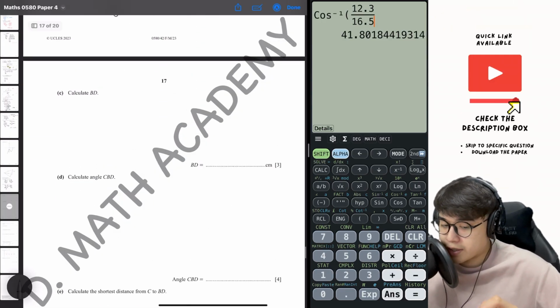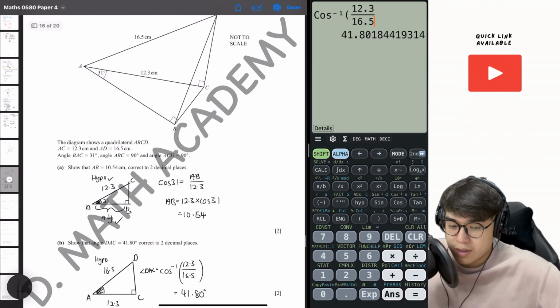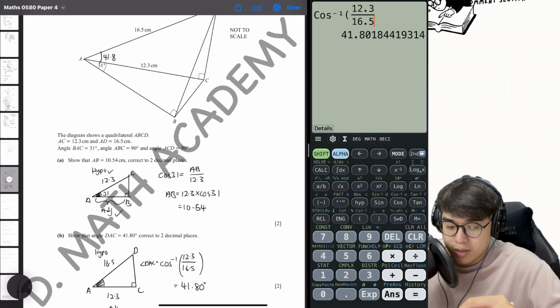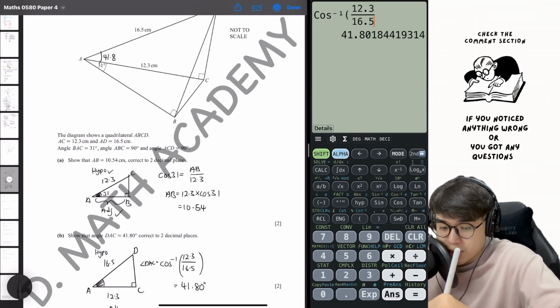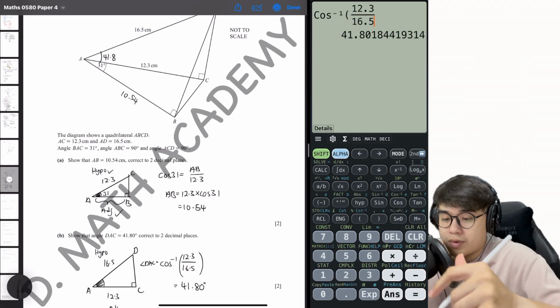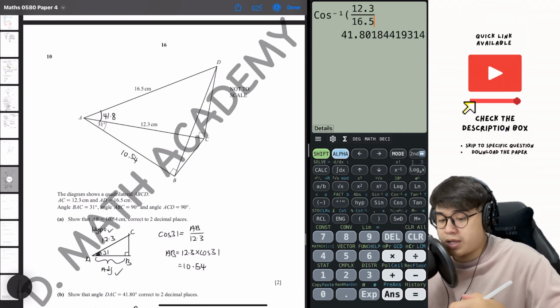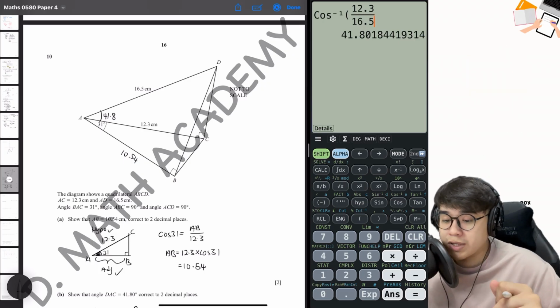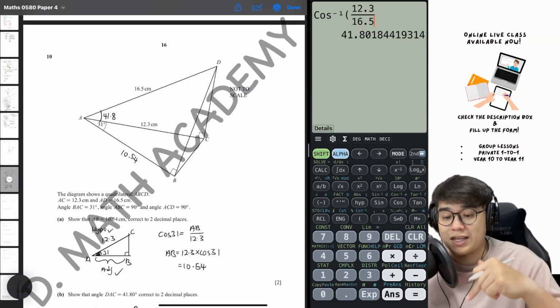Moving on to the next part, calculate BD. I update the value here. It was 41.8. This is actually 10.54. The next thing that they want was BD already. So the triangle that I'm dealing with is now ADB.